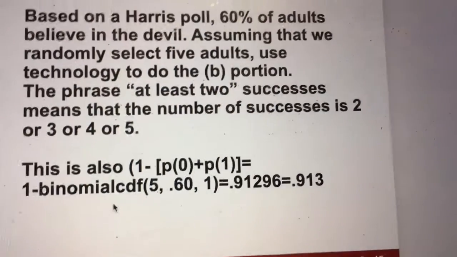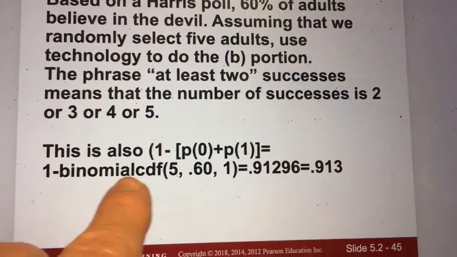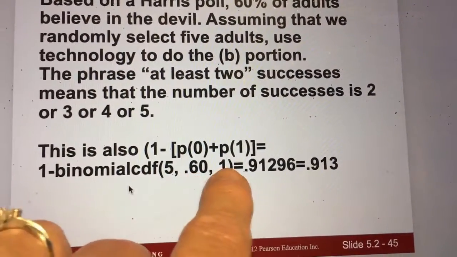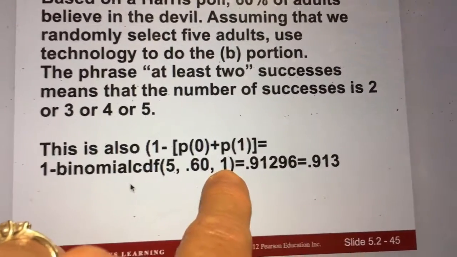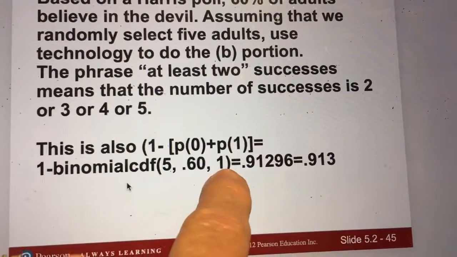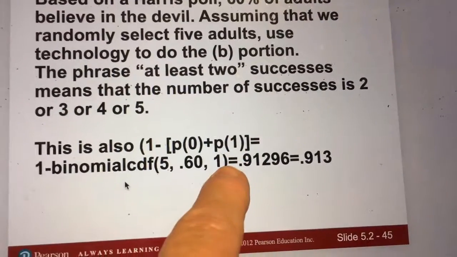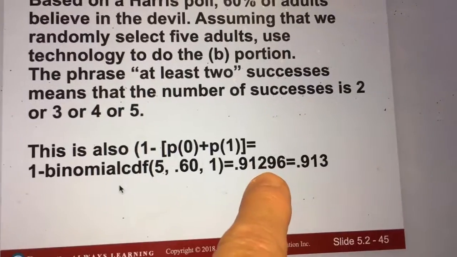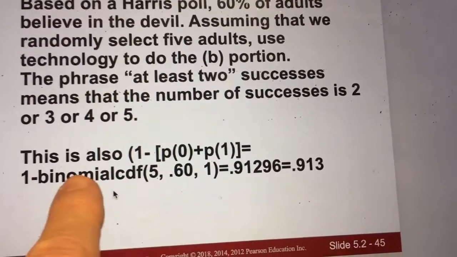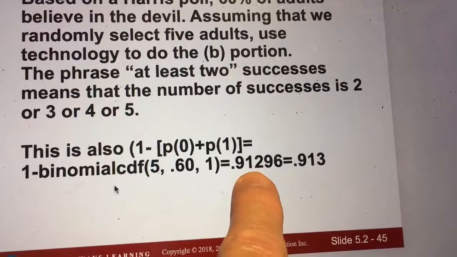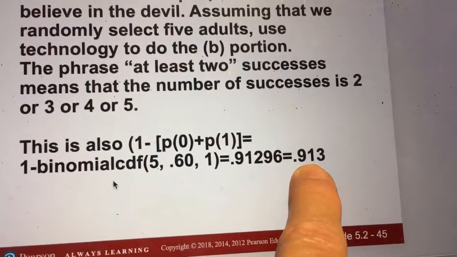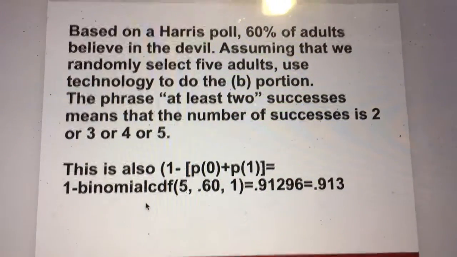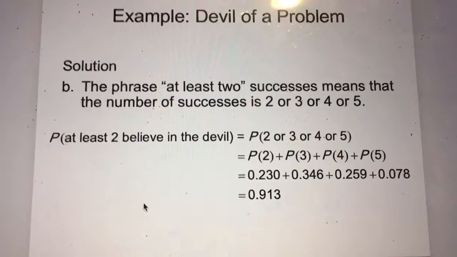And it's also 1 minus the binomial cumulative, CDF, 5, 0.6, and 1. So the cumulative up to 1 would give me the 0 and the 1 added together. And then I take that value, so 1 minus this is going to give me this right here, which is the 0.913 that you see on the previous slide there.